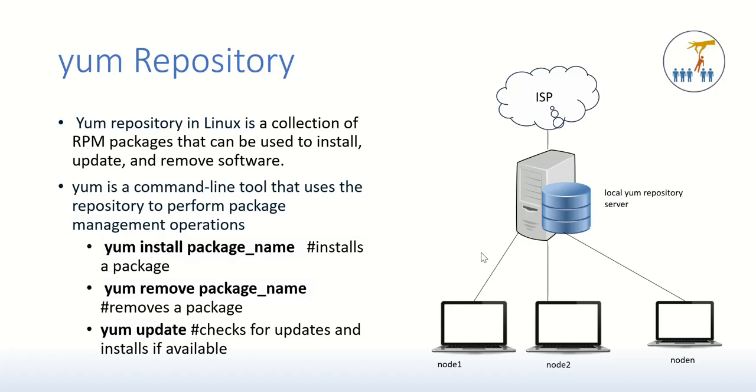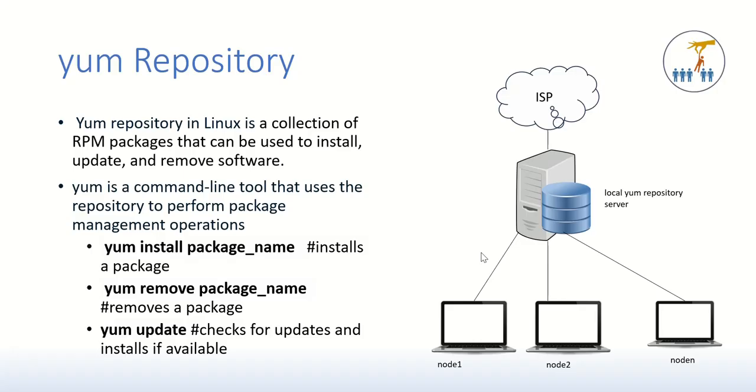We can designate one of the systems as the yum repository server, which hosts all the software packages, and have all the other clients synced up with these packages instead of upgrading directly from the internet.